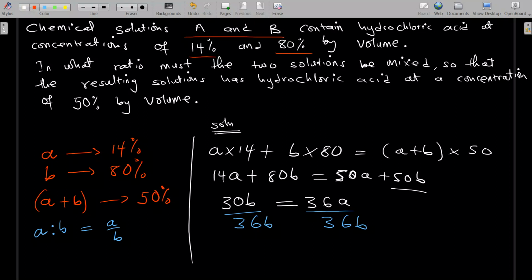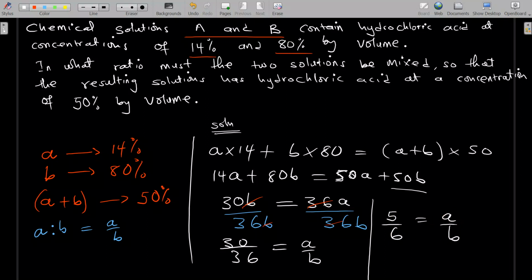The B cancels and the 36 cancels, leaving A over B on the right side, and the left side gives us 30 over 36, which equals A over B. Simplifying, 30 over 36 divides by 6 throughout, so you have 5 over 6 equals A over B.